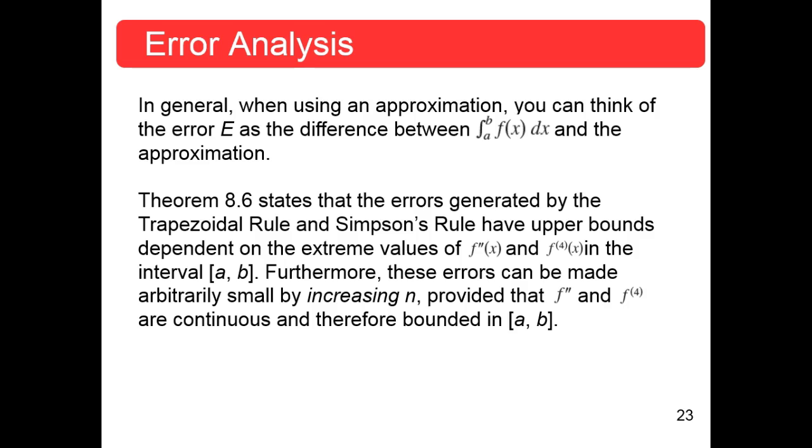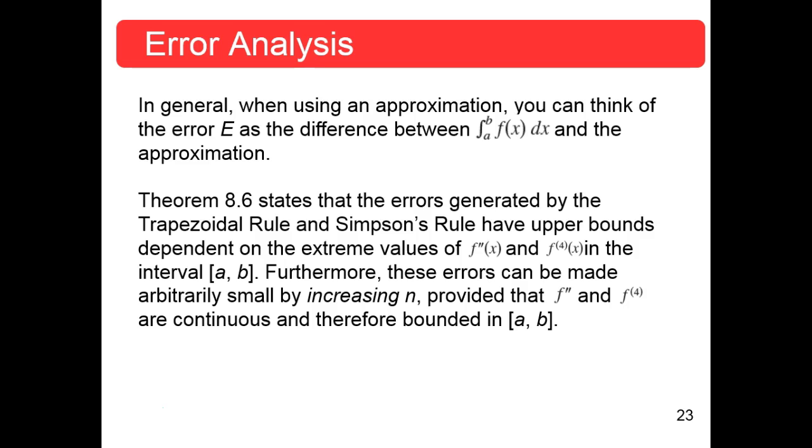Here's an in-general statement I don't see in the book, so I'll just read it here. In general, when using an approximation, you can think of the error as the difference between the function and the approximation, which is basically what we do. Theorem 8.6, the error theorem, states that the errors generated by the trapezoid rule and Simpson's rule have upper bounds dependent on the extreme values of your second derivative for the trapezoid rule and fourth derivative for Simpson's rule in the interval from a to b.